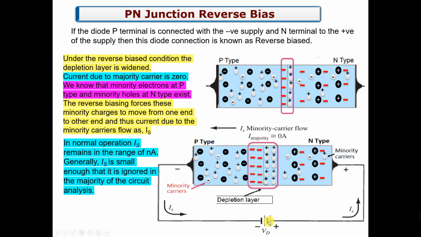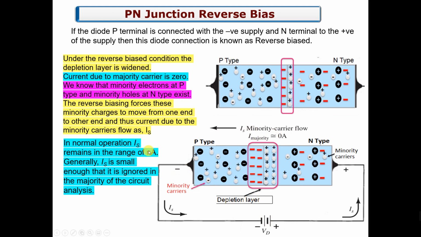So in general applications, we do ignore Is, and we say that in the reverse bias condition there is no flow of current, no flow of majority charges, and no flow of minority charges. We can say that the net current is zero, because the flow is in the range of nanoamperes or microamperes.